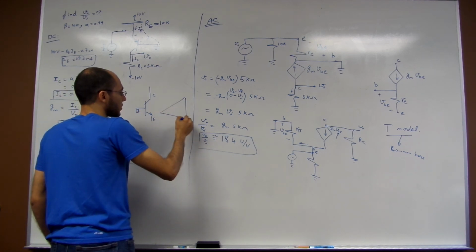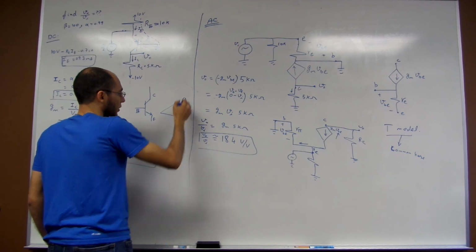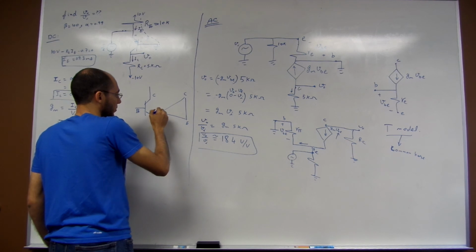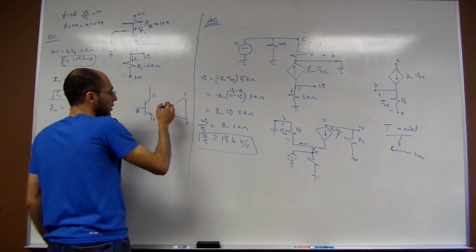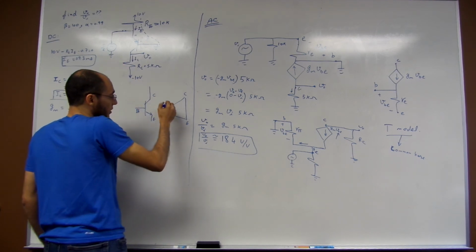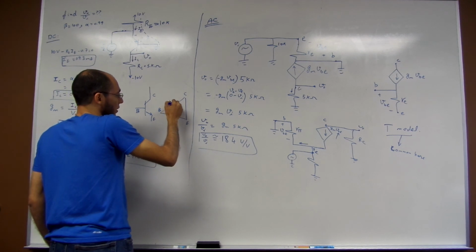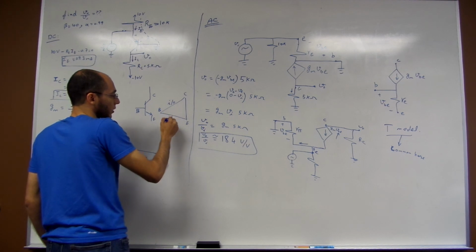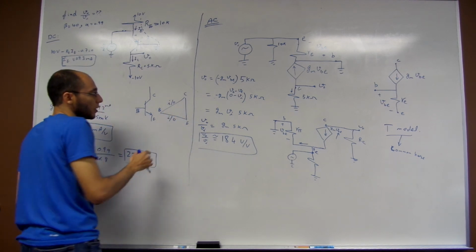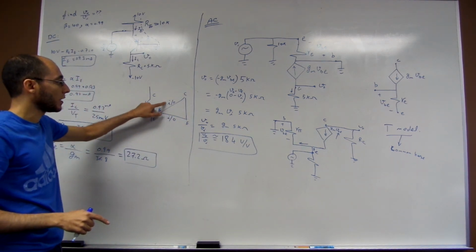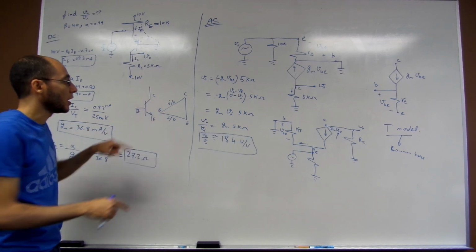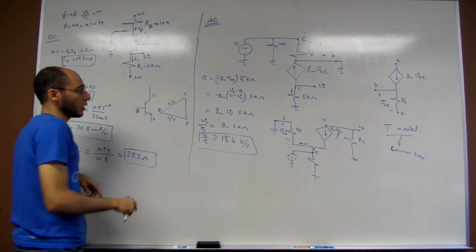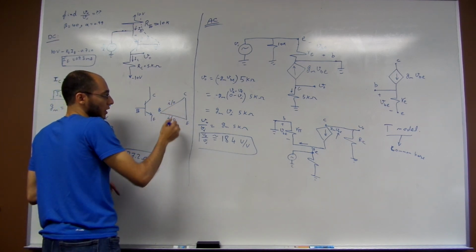I'm going to draw this triangle. Always, the base is an input. That's why I wrote down input here and input here. The collector is always an output.